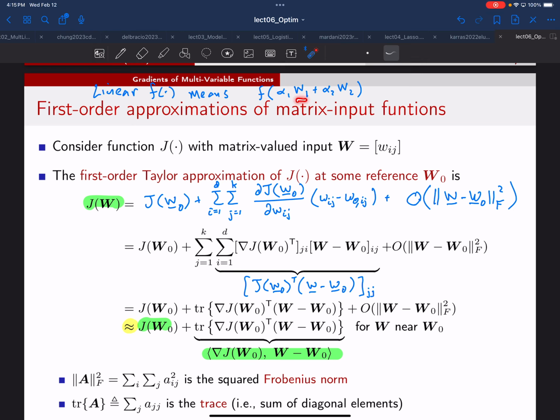So we have two different matrices, W1 and W2. We have two different scalars, alpha 1 and alpha 2. If f is linear, that means for all alphas and W's, you get this relation. This is the definition of linearity: you can do this linear combination at the input to the function, and that's the same as doing it at the output of the function.